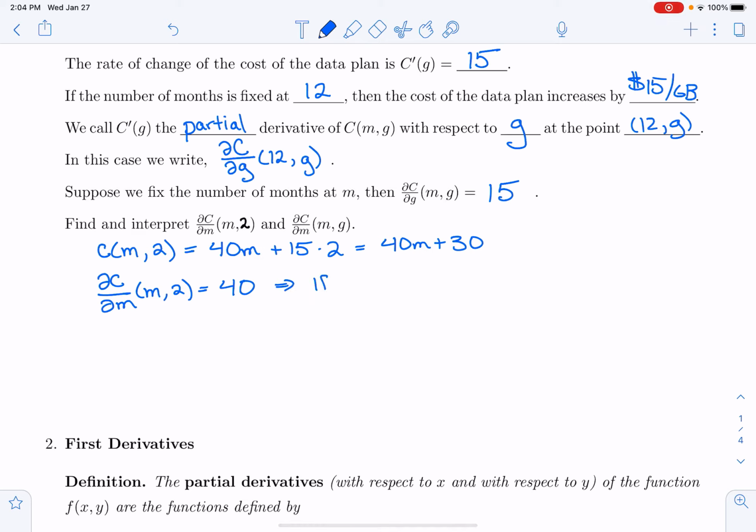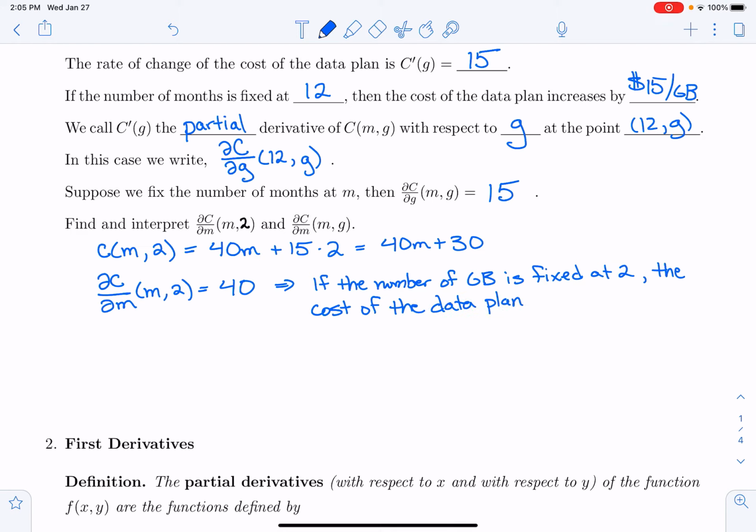So if the number of gigabytes is fixed at 2, so the number of extra gigabytes that you have that month is fixed at 2, the cost of the data plan increases at a rate, and that rate, of course, is $40 per month.